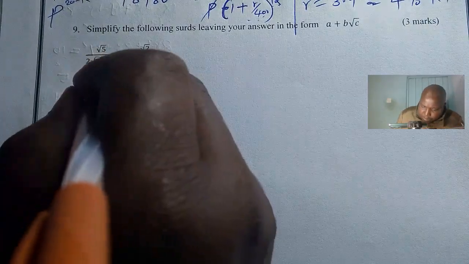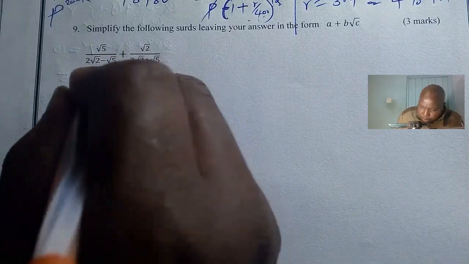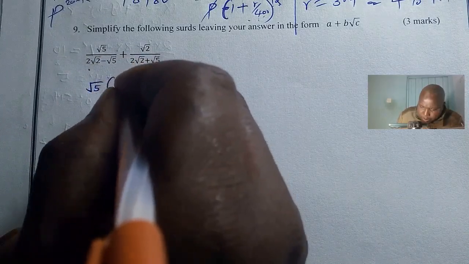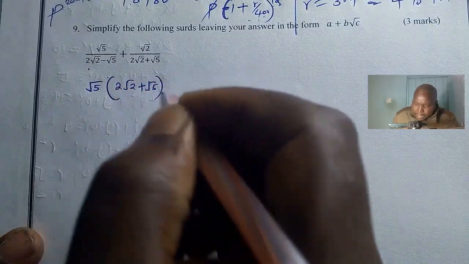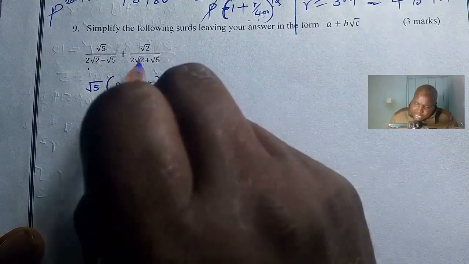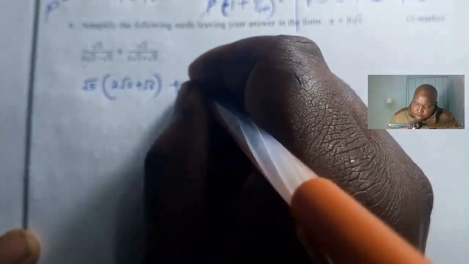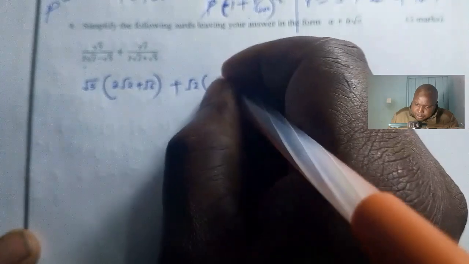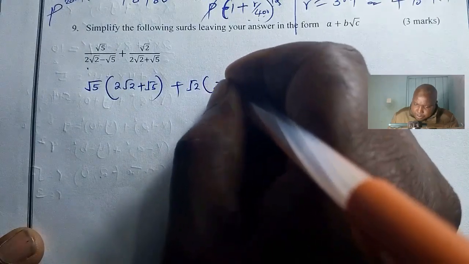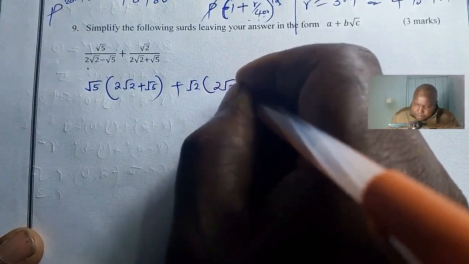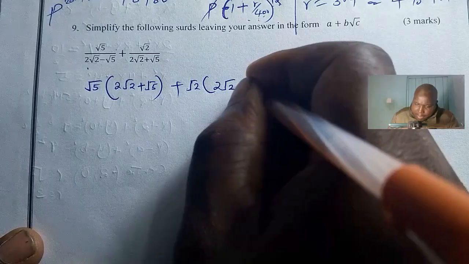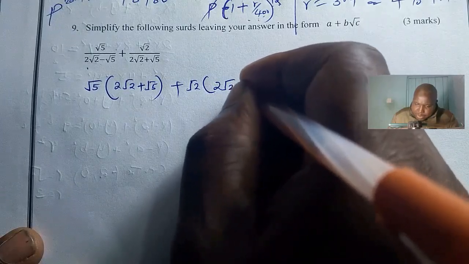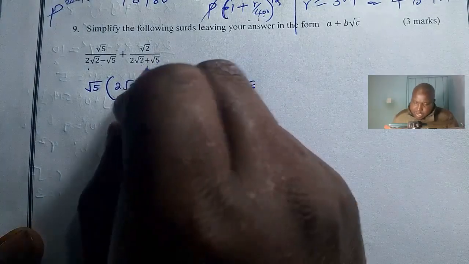Root 5, the conjugate here is 2 root 2 plus root 5, cross, plus the conjugate here is root 2 into the conjugate for this is 2. Subtract. Minus, the conjugate is minus because this is positive.